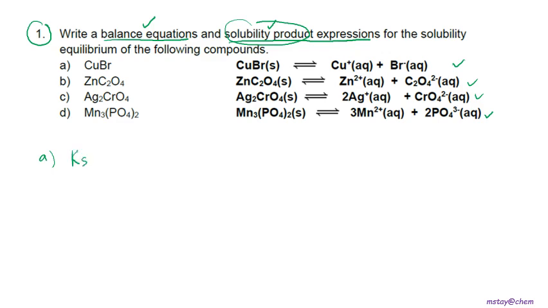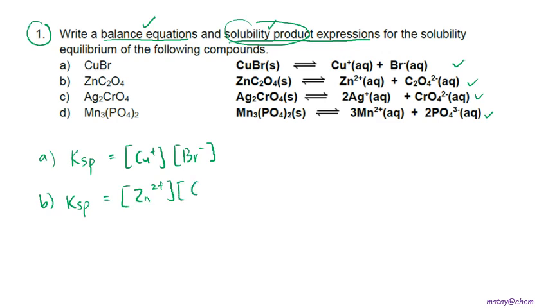Ksp for copper(I) bromide will be equal to the concentration of Cu+ multiplied by the concentration of Br-. While for B, Ksp equals the concentration of Zn2+ multiplied by the concentration of C2O4 2-. There is no power here because the ratio is 1 to 1.